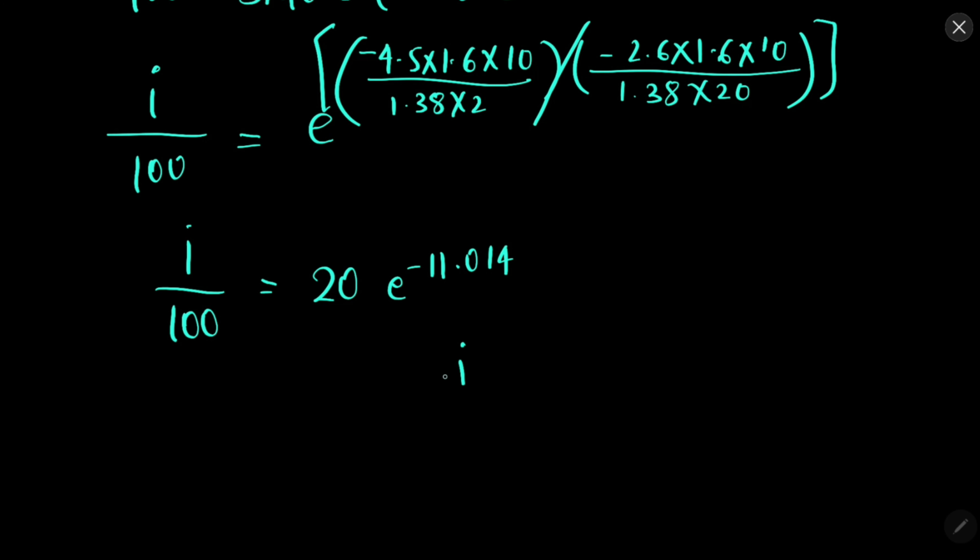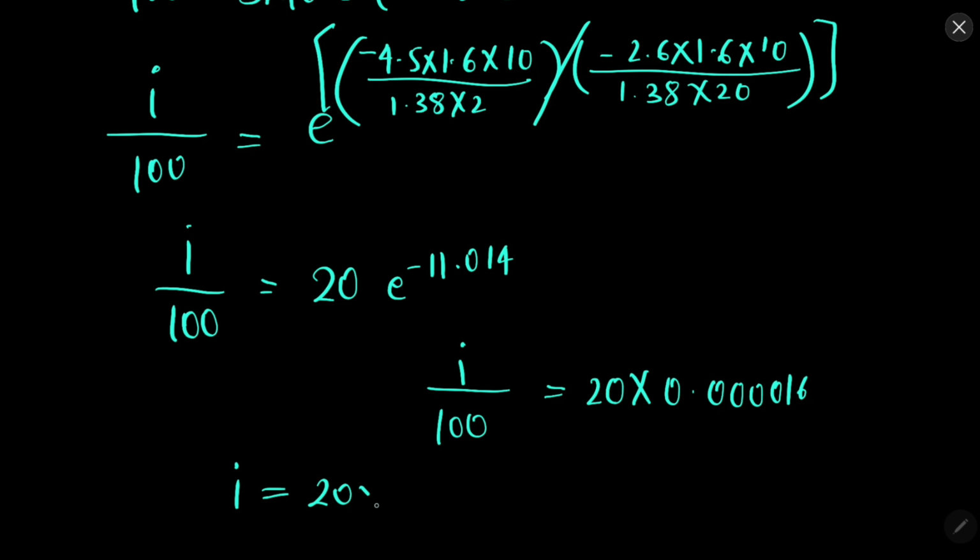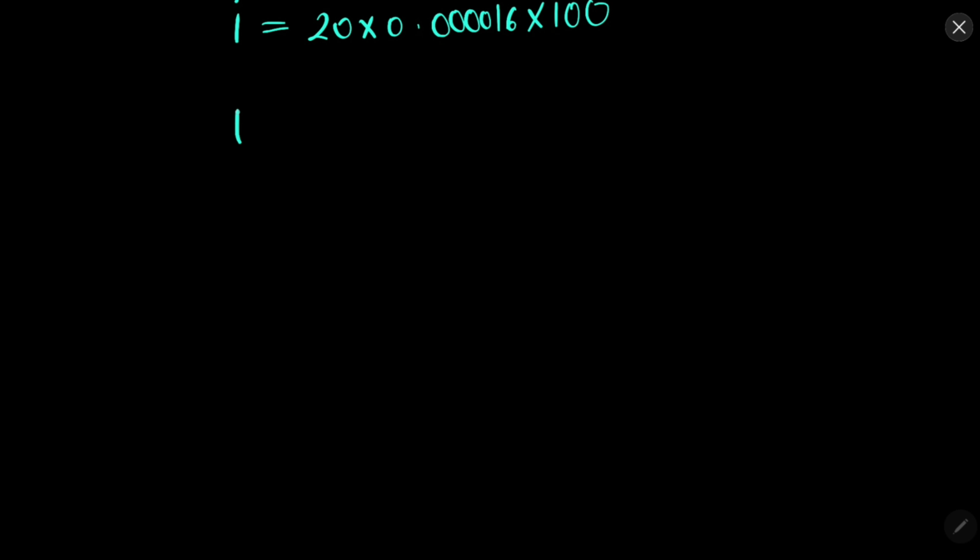So I over 100 will be 20 into 0.000016. So current will be 20 into 0.000016 into 100. So from here current will be 0.0329 milliampere, or approximately 33 microampere.